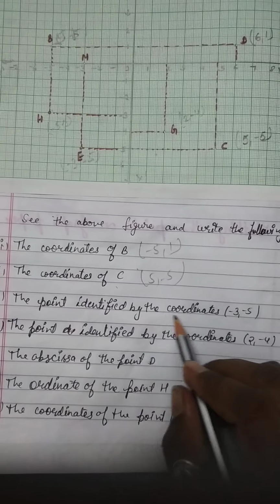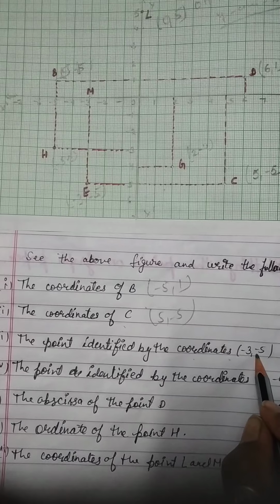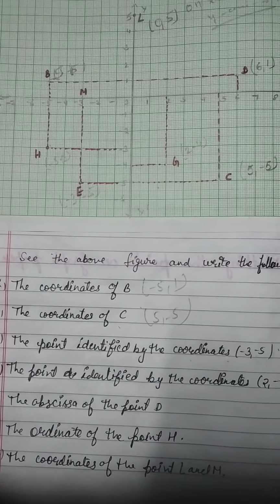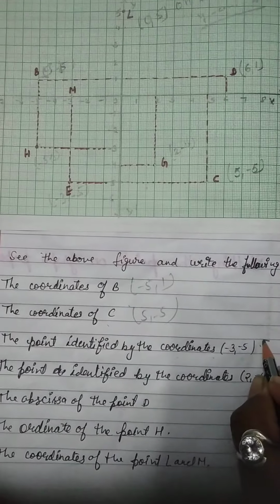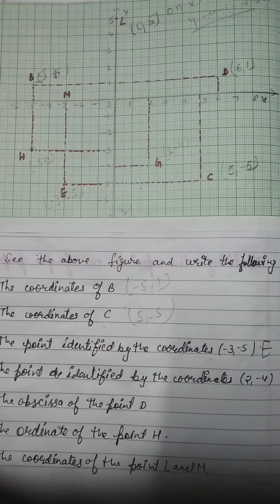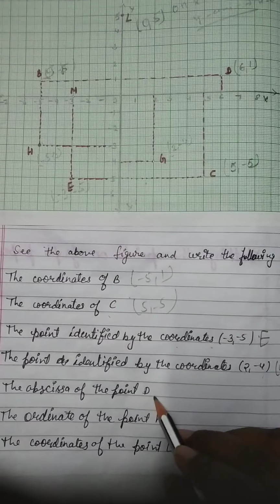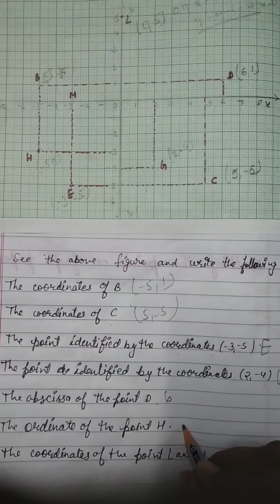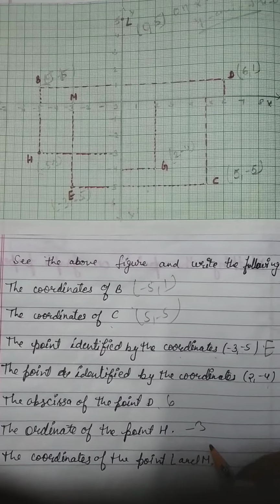To identify the point with coordinate (−3, −5): that is E. And (2, −4) is G. The abscissa of D is 6, and the ordinate of H is −3.